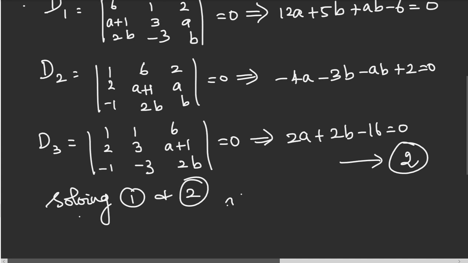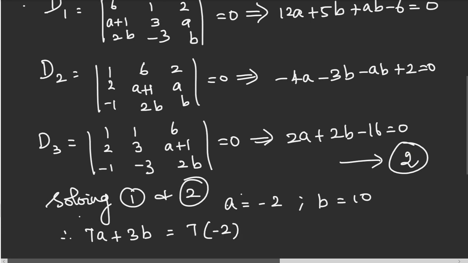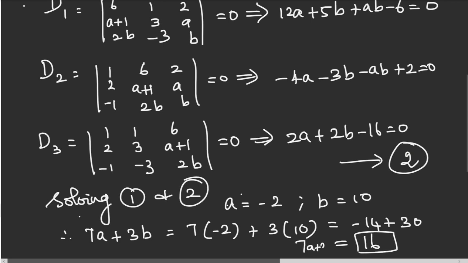Solving equations 1 and 2, I get a is equal to minus 2 and b is equal to 10. Therefore, 7a plus 3b is equal to 7 into minus 2 plus 3 into 10, which is minus 14 plus 30, which is equal to 16. So we get 7a plus 3b is equal to 16 as the answer.